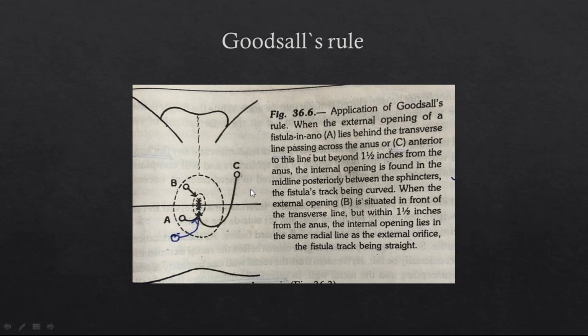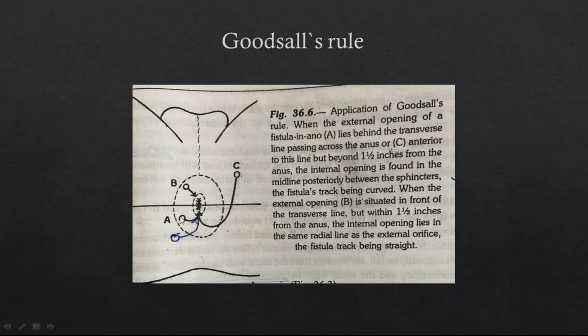Okay, see, as per Goodsall's rule, if the external opening is situated posteriorly, it will always be a curved tract, and the internal opening will be in the posterior midline. The internal opening will be in the posterior midline, and it will have a curved tract.